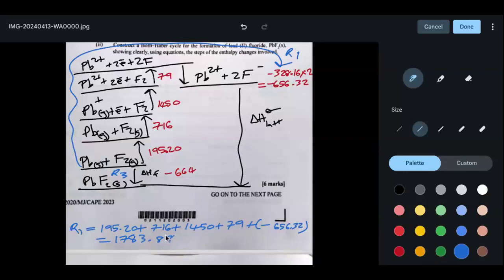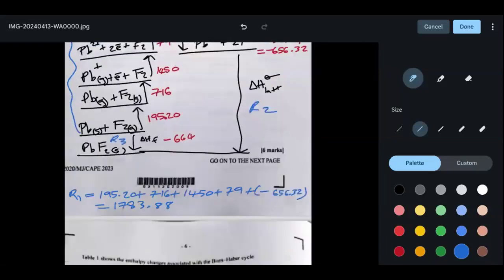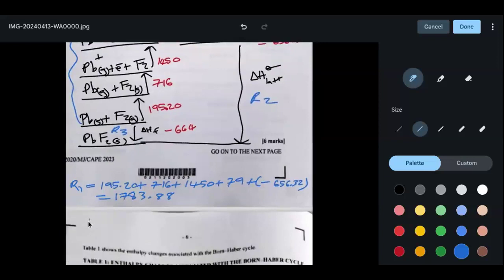So that's R1, and then this is R2. We're trying to calculate R2, so what would R2 be equal to in terms of R1 and R3?